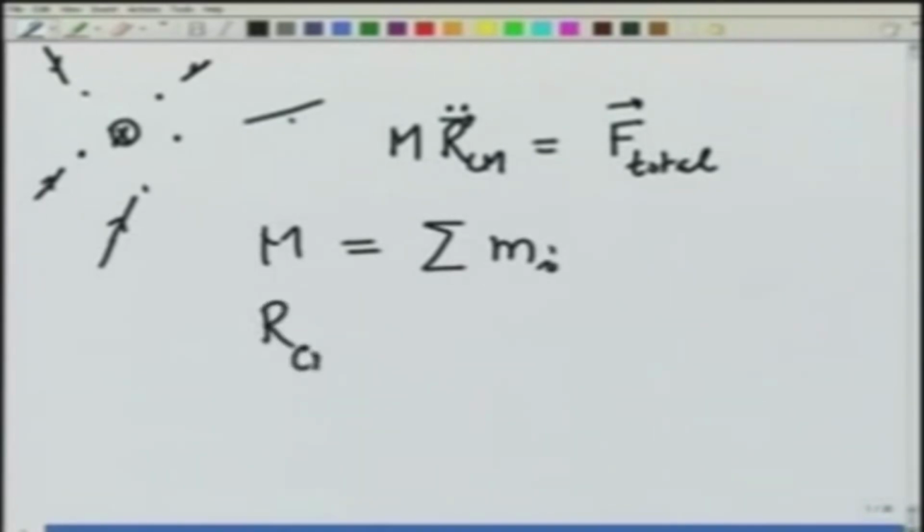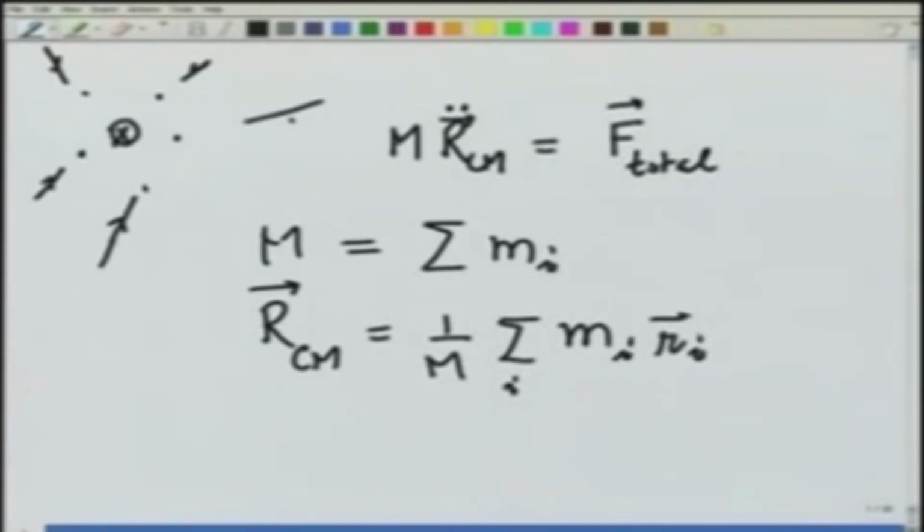The vector R_CM is defined as 1 over m summed over m_i r_i, that is a vector for each individual particle, and F total is the net force being applied on the system totally.